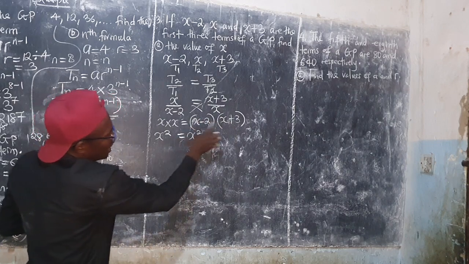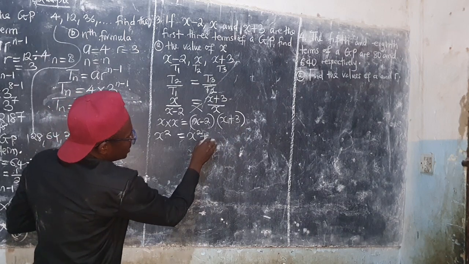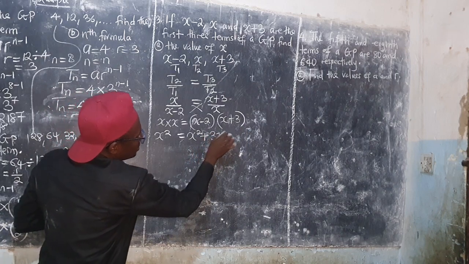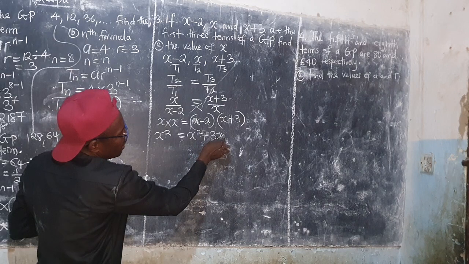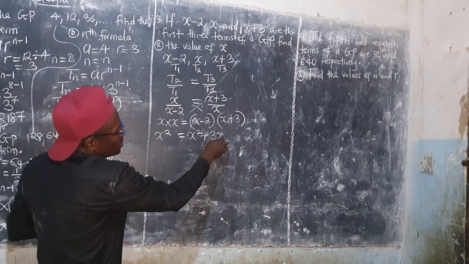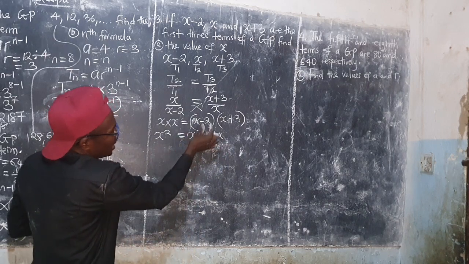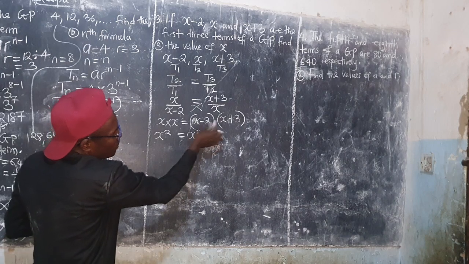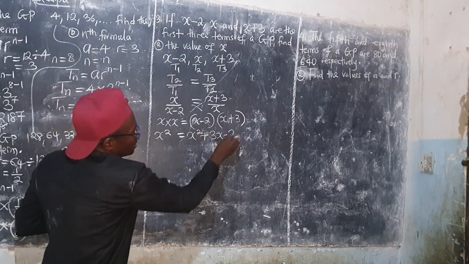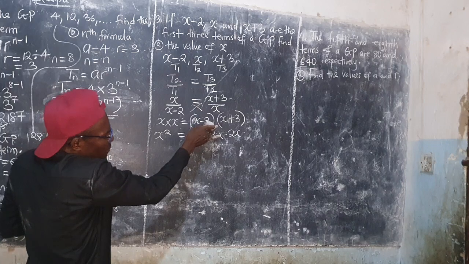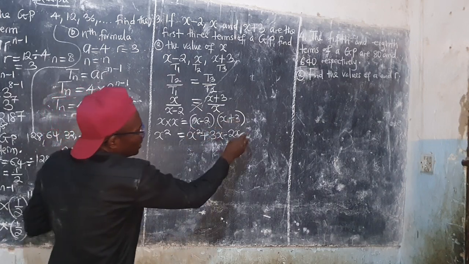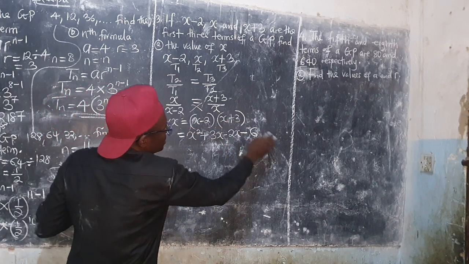The same x times positive 3 is positive 3x. Then negative 2 times x is what? Negative 2x. Negative 2 times positive 3 is negative 6.